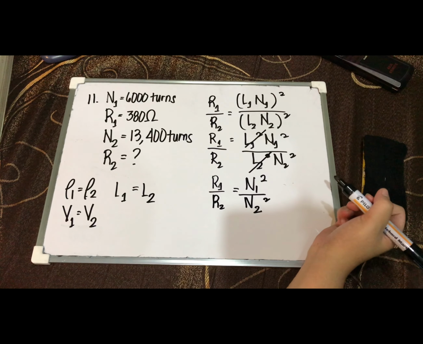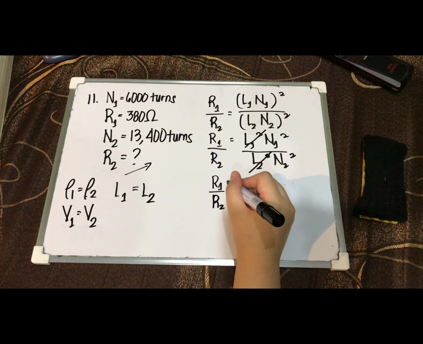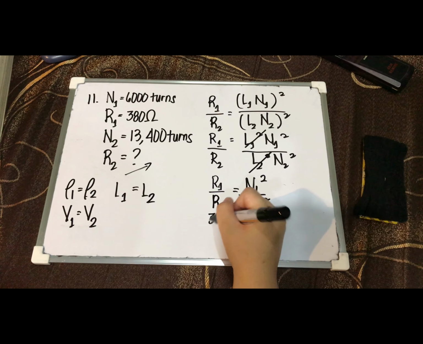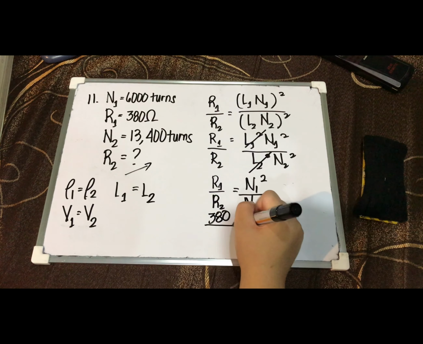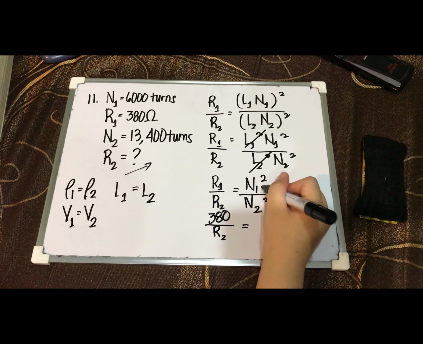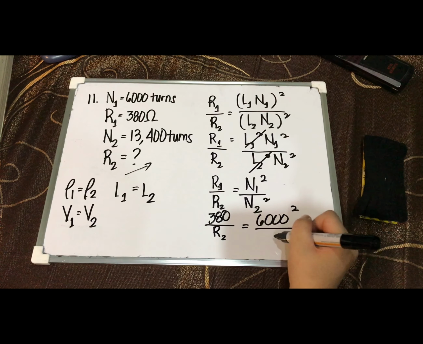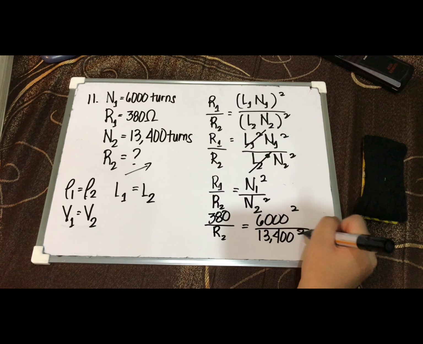Ito na yung magiging formula natin para mahanap natin si R2. So, substitute lang natin R1, 380 over R2 na hinahanap natin is equal to N1 squared, 6,000 over 13,400 squared.